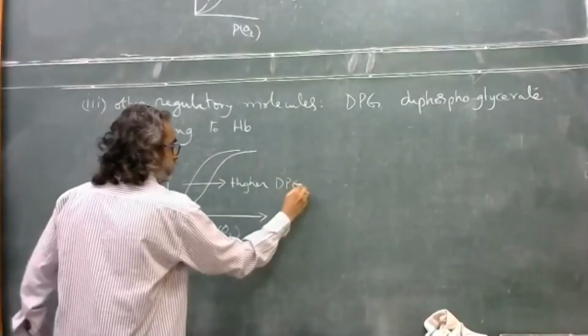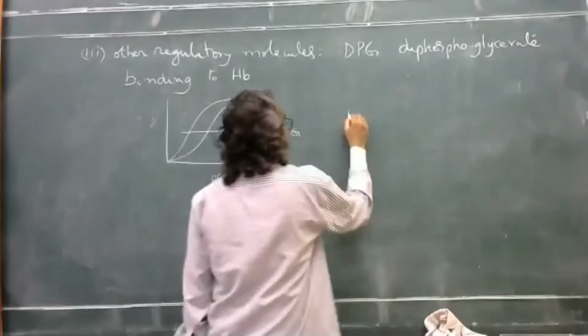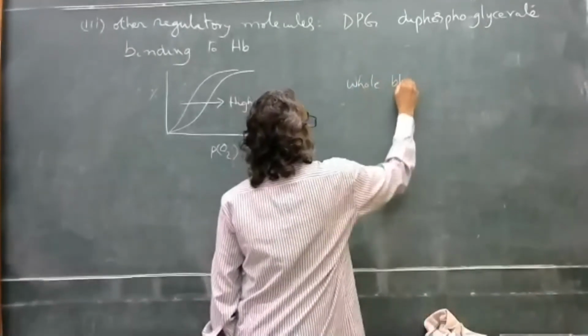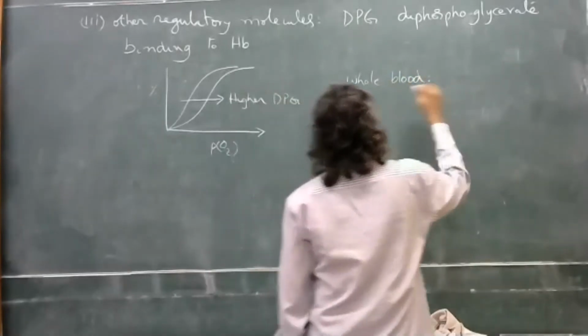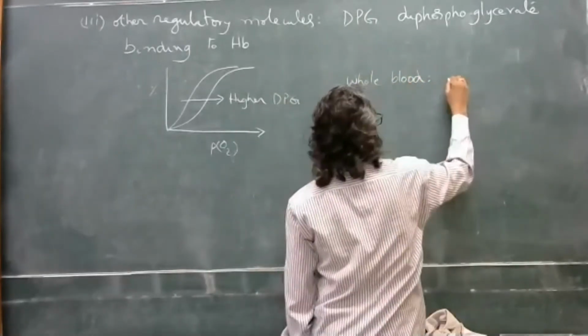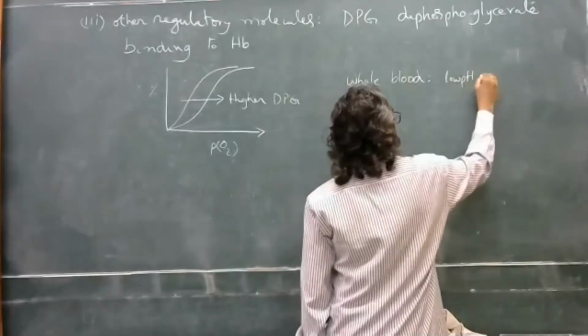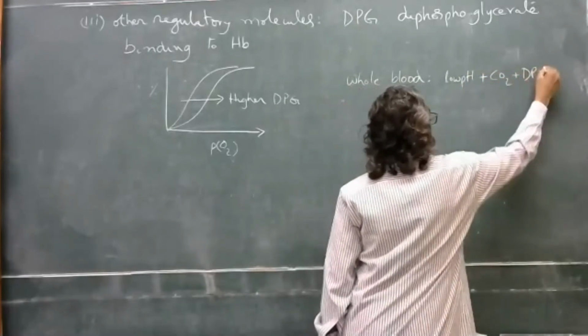Okay, so in the whole blood, if you have to simulate whole blood conditions, then you can basically add these three components: low pH plus CO2 plus DPG.